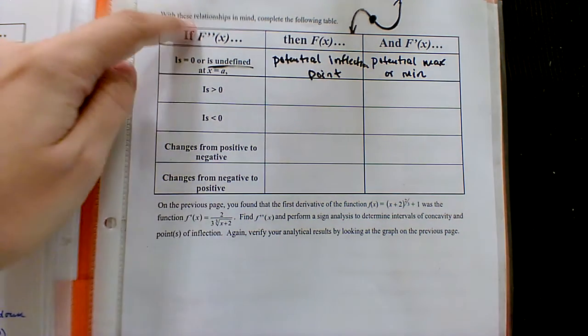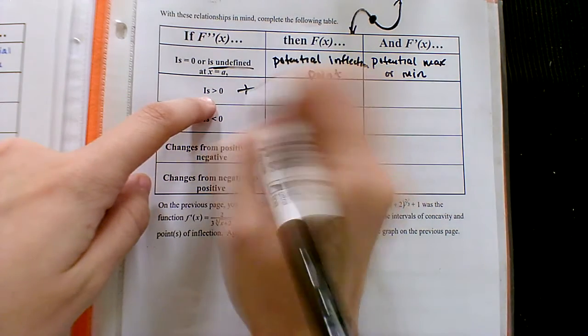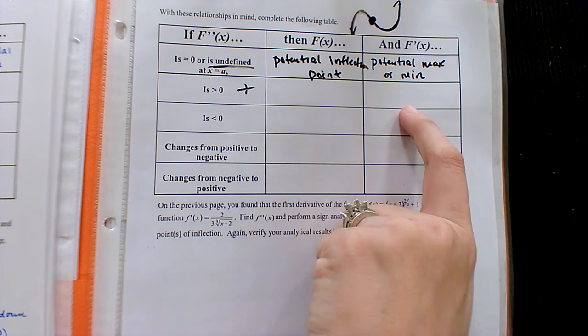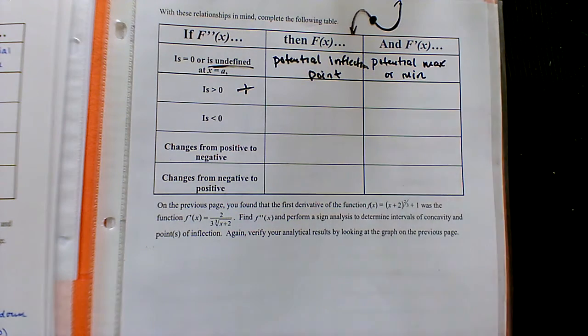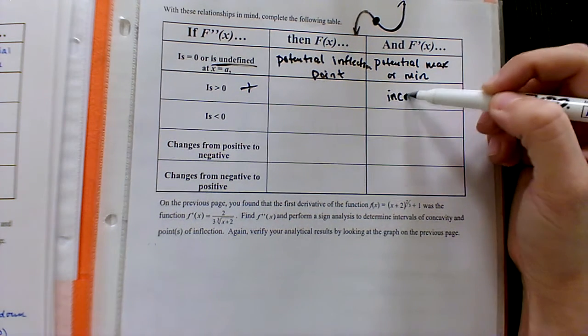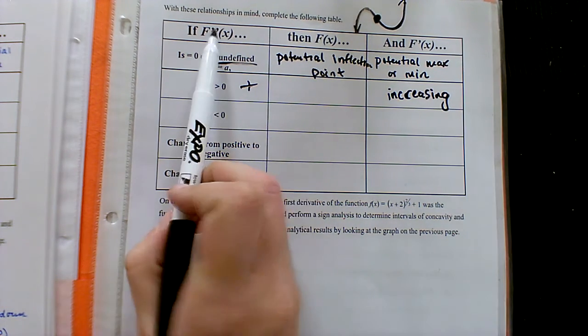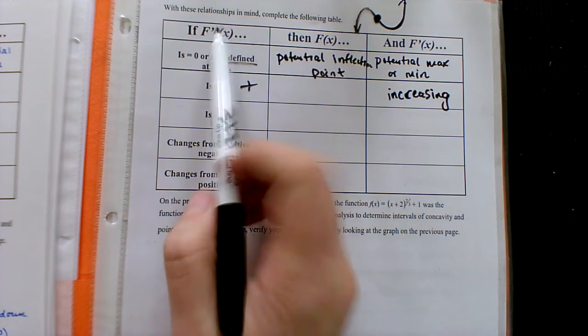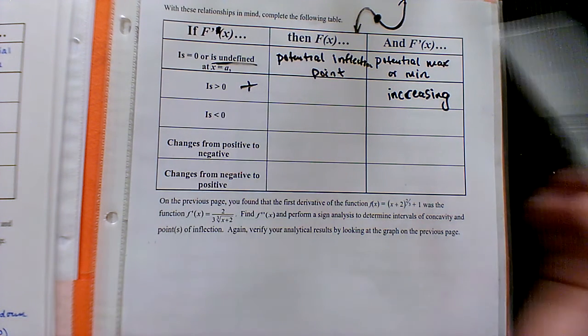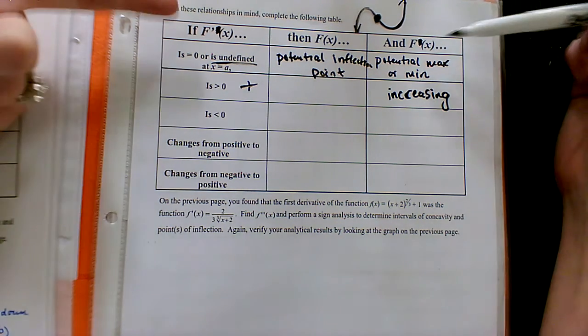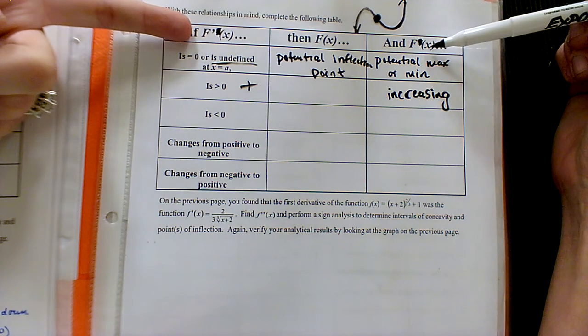What if the second derivative is positive? What would that mean? Maybe we'll start here. What would that mean for the first derivative? Yeah? It's increasing. So if you want to think about it, if I were to take one prime mark away from the second derivative and one prime mark away from the first derivative, isn't this the same connection we've seen?